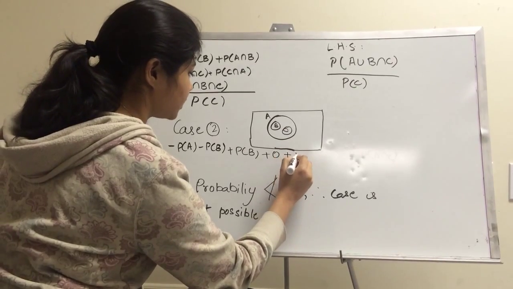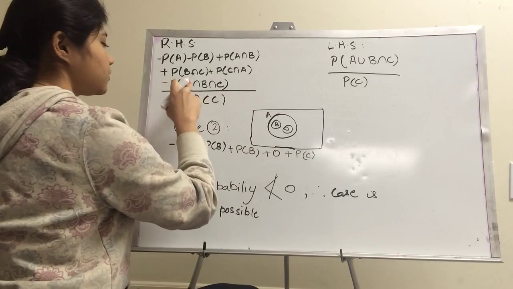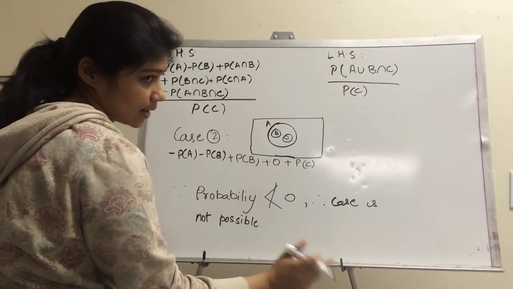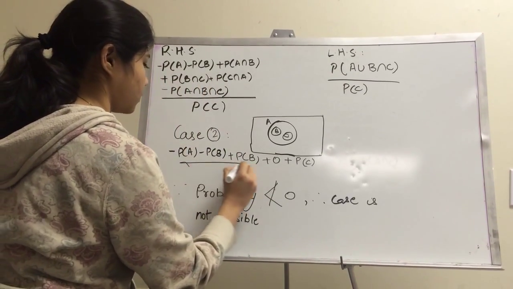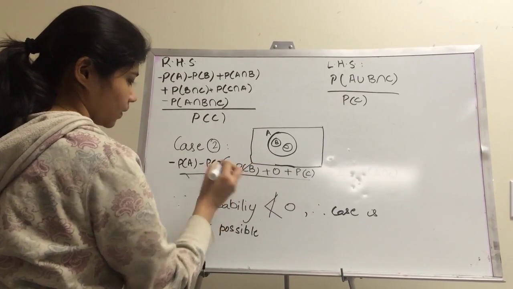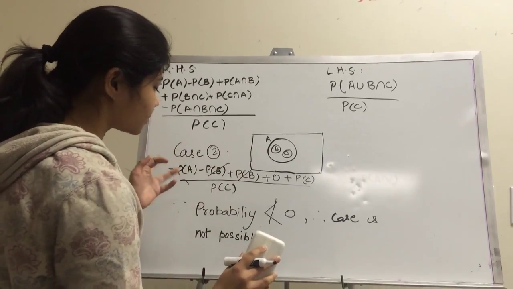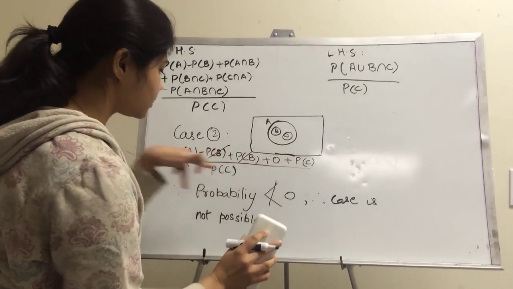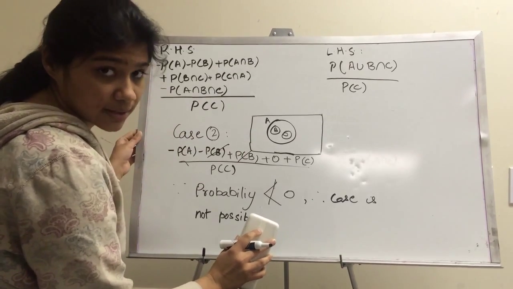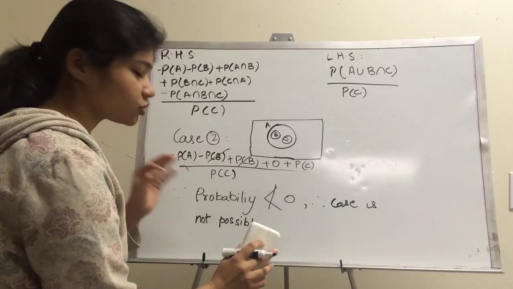Probability of C intersection A is equal to probability of C, and probability of A intersection B intersection C is again 0, whole upon probability of C. Now since C is a subset of A, this entire right hand side is coming out to be negative, and again since the probability can never be less than 0, this case is also not possible.